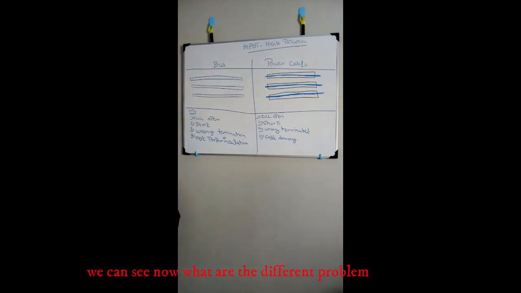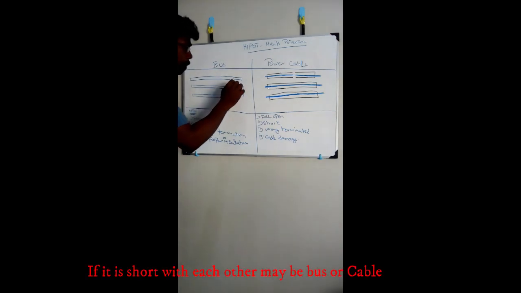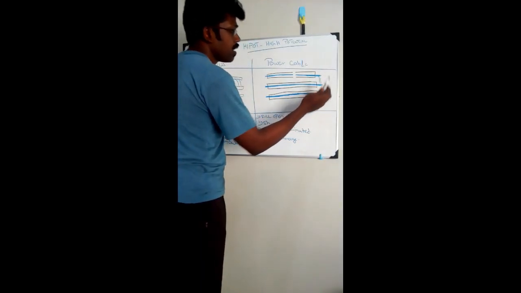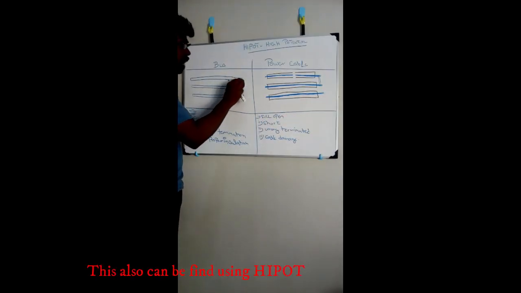We can now see what different problems we are able to find by using HIPOT. If the bus or the cable has a short circuit, this can be found using HIPOT.